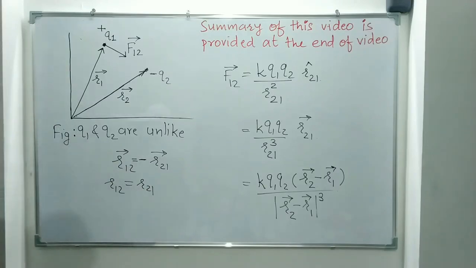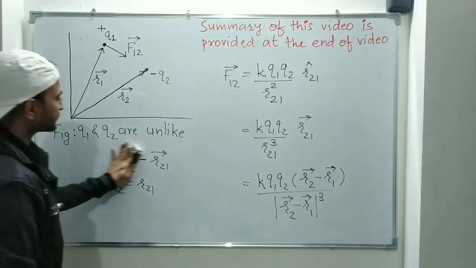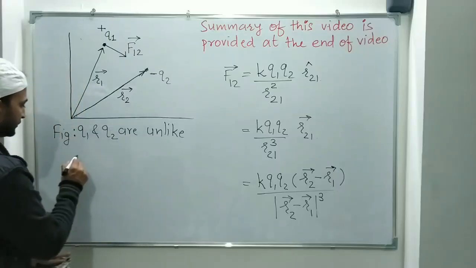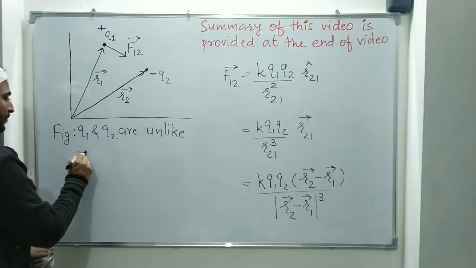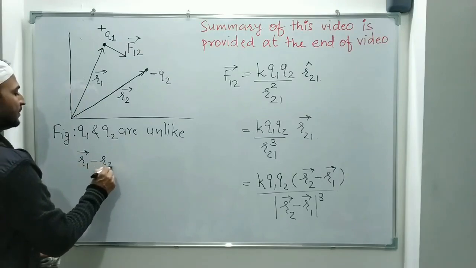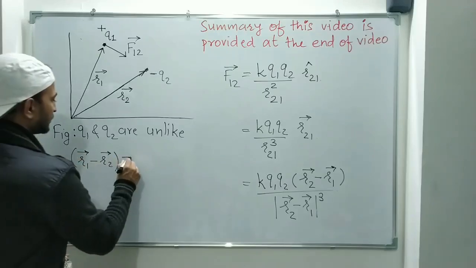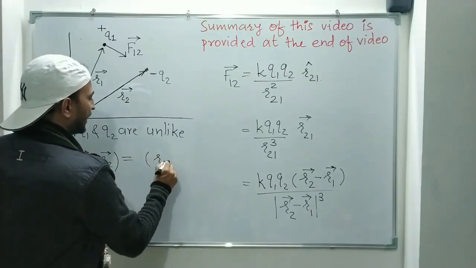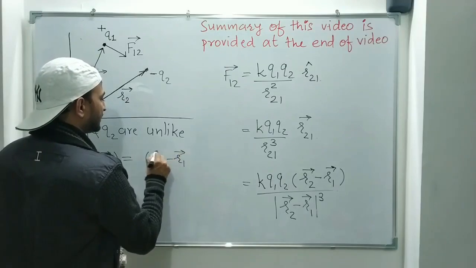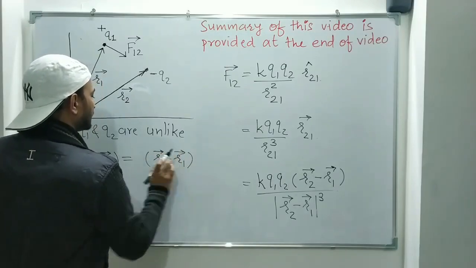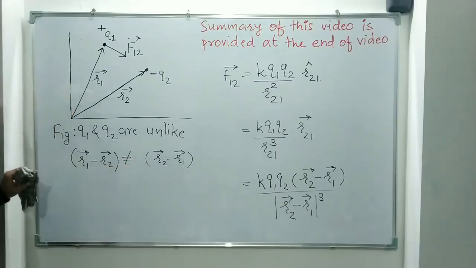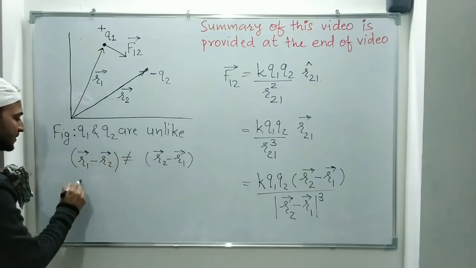So we can say that R1 minus R2 and R2 minus R1 are not equal, they have opposite directions.